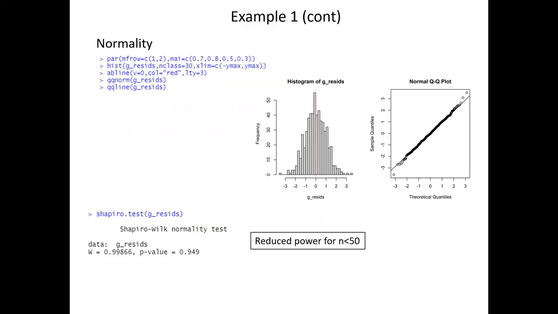But if you see huge skews in the pattern going away from the line, then you probably have a problem. I also tested whether the residuals are normally distributed using the preferable Shapiro-Wilk test. That seems to be the best test in the literature for determining normality. But keep in mind, if you have fewer than 50 observations, then the ability to detect any differences really drops.